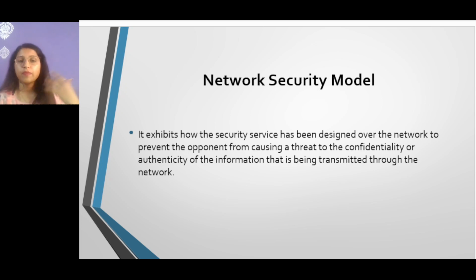It can be via some kind of algorithm. You are going to use a trusted third party system that will help you make your transmission secure and protect you from the opponent. And so all the principles of security are achieved in your system. So you are going to design your system in such a manner.